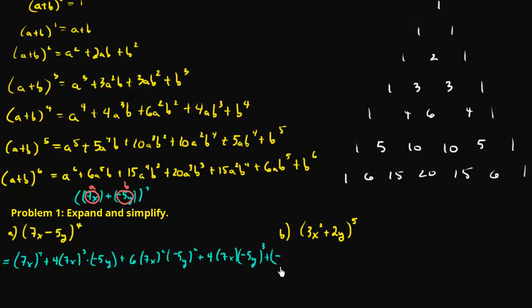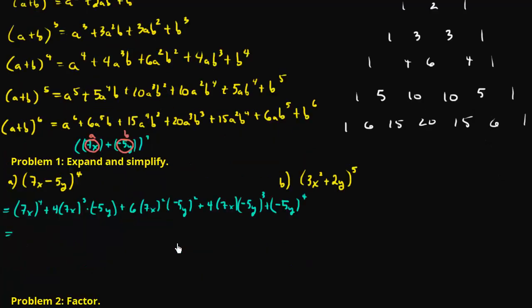And then we've got plus negative 5y to the power of 4. So all that we've done is substitute 7x for a and minus 5y for b, and then use Pascal's triangle to expand this.